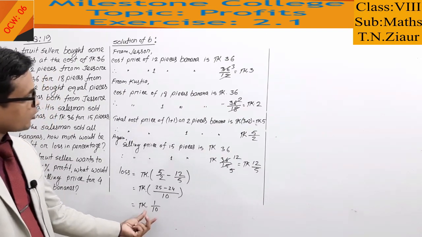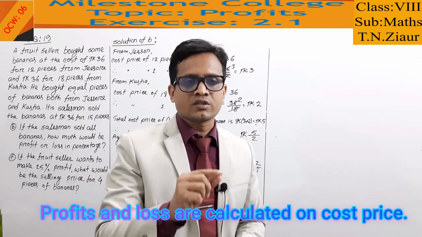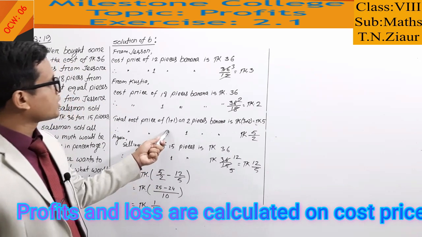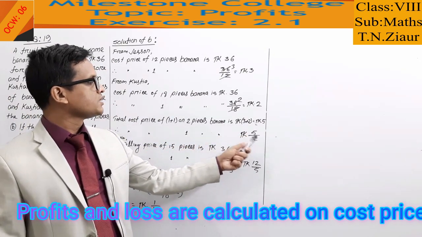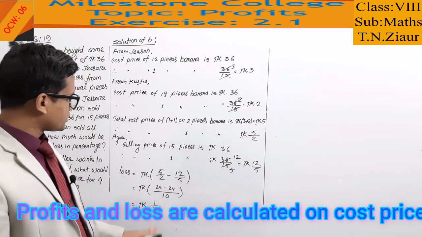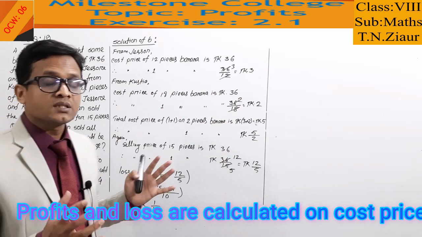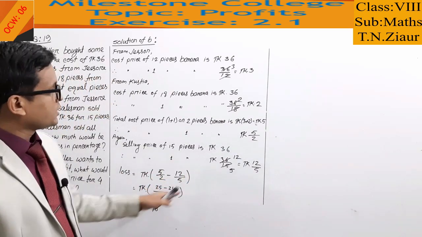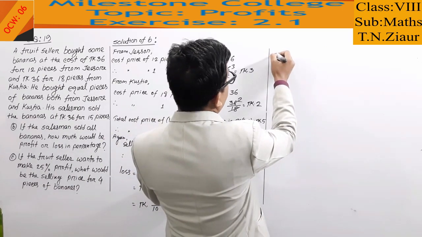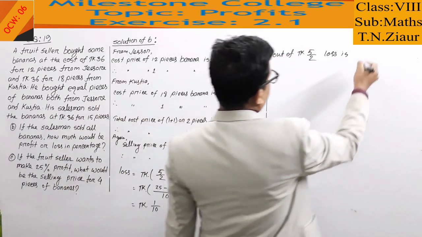When you want to find the loss or profit, it is always calculated on the cost price. The cost price of one piece of banana is 5 by 2 taka. So out of 5 by 2 taka, the loss is 1 by 10 taka. We have to find the percentage, which means out of 100 taka.